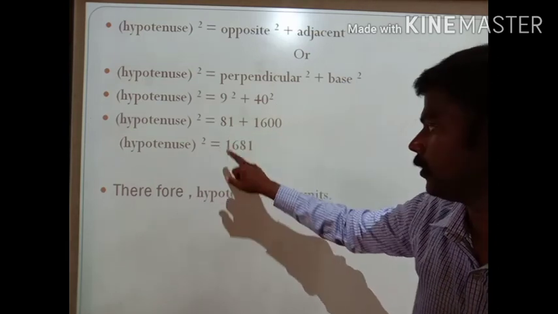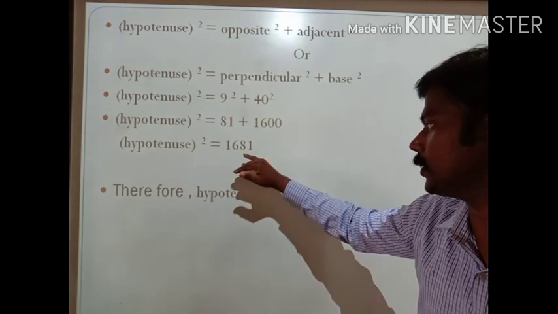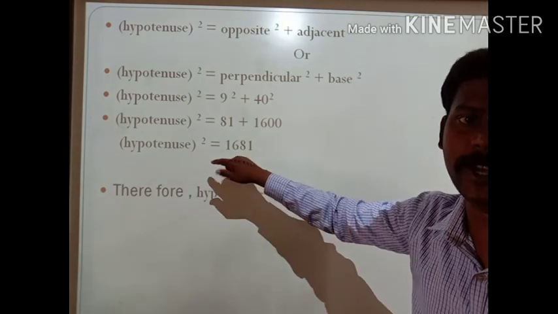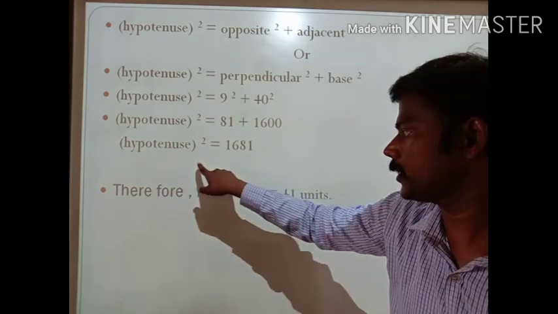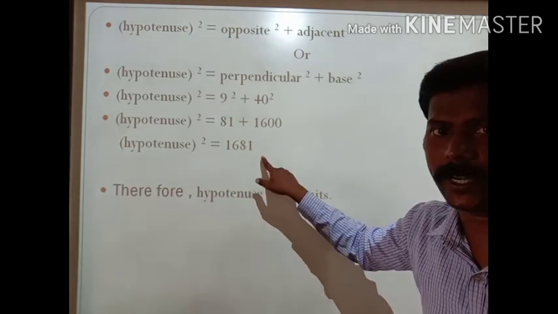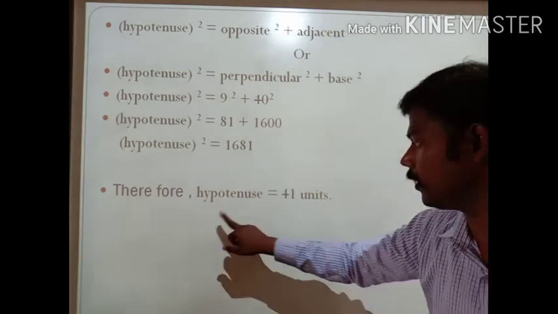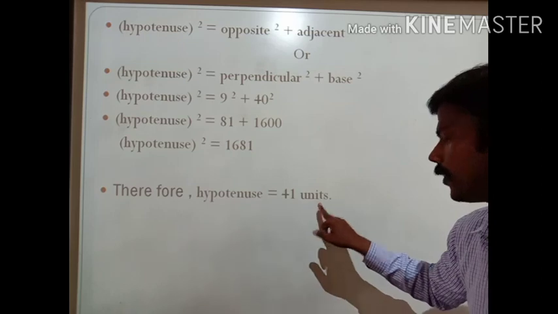Add together, 1681. Therefore, taking the square root on both sides, hypotenuse equals square root of 1681. What is the square root value? That value is 41. Therefore, hypotenuse equals 41 units, children.